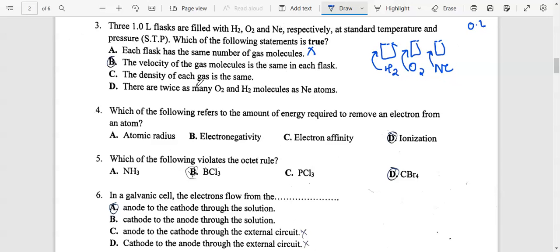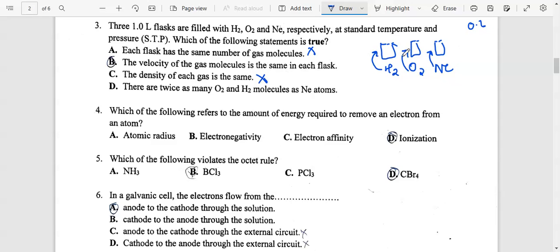I'll go to option C. The density of each gas is the same. Let's consider the mass of these substances. Obviously, hydrogen is much lighter, oxygen follows, and then you have neon. So they've got different masses, and there is no way they can have the same density.